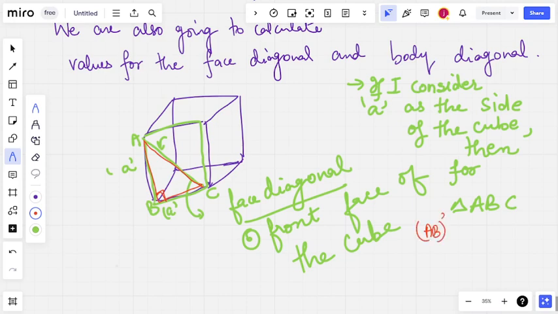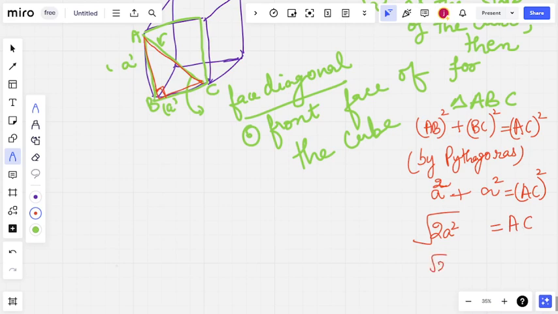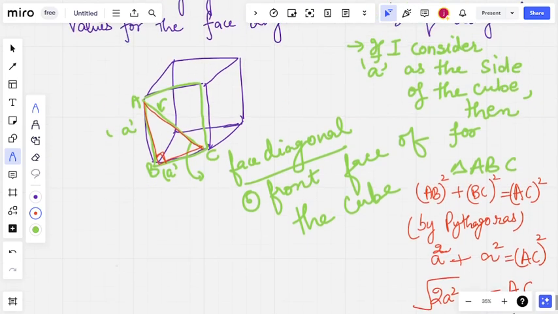AB square plus BC square is equal to AC square by Pythagoras theorem. So we have A square plus A square is equal to AC square. So it is 2A square, under the root is equal to AC. It is under root 2 A. So this is the value of the face diagonal.